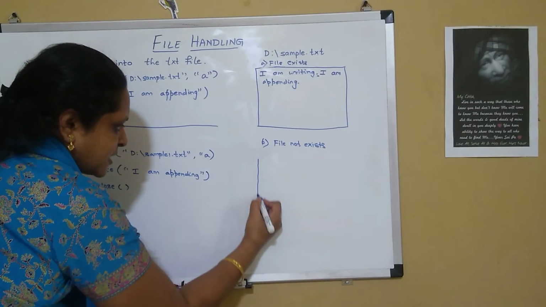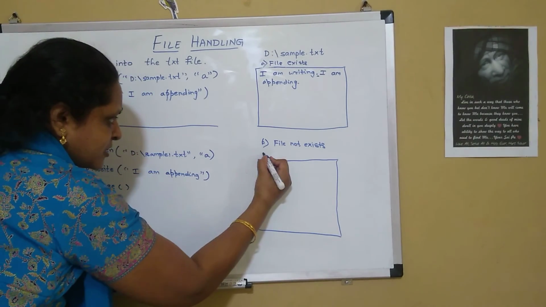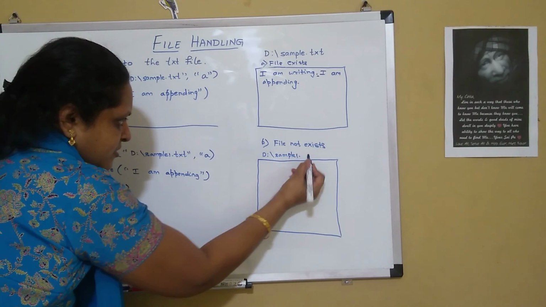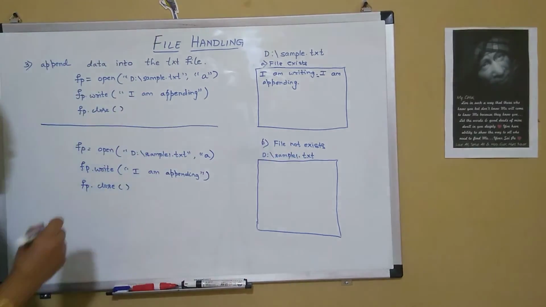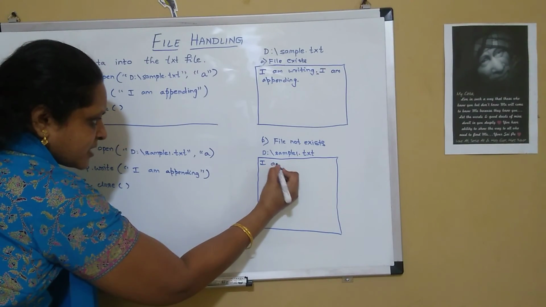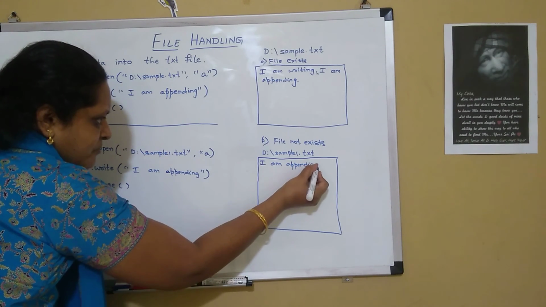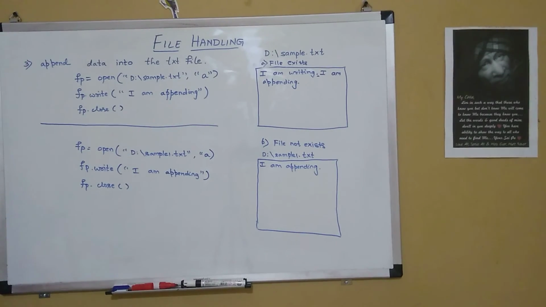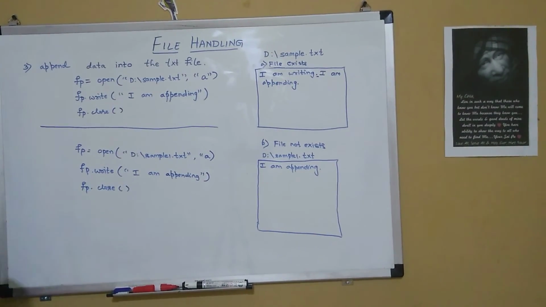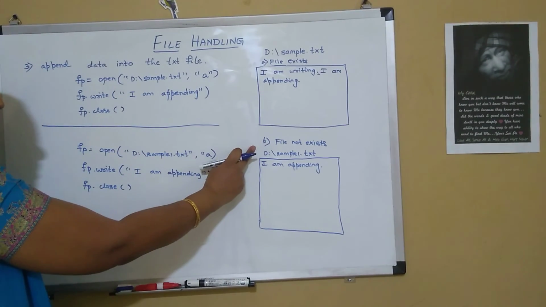In that case, it will create a new file in D drive with the name sample1.txt, and it will write the details I am appending into the newly created text file from the beginning. So friends, in appending also there are two scenarios, that is file exists and file not exist.